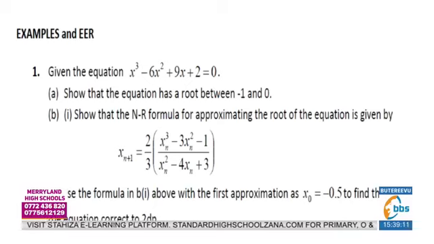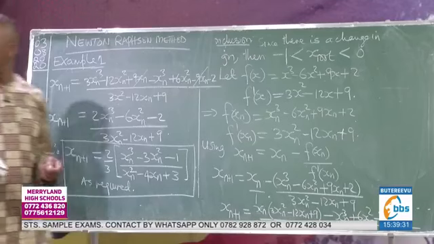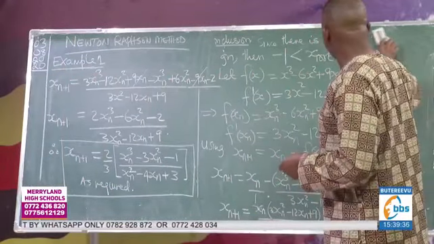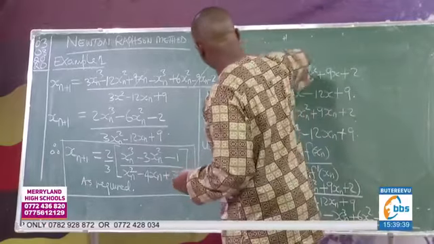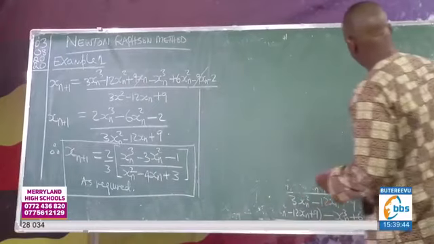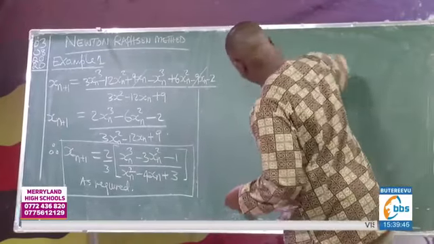Now that 2 decimal places communicates about the TOL, what we call the tolerance or the error. If they want it to 2 decimal places, then the error will be 3 decimal places. I will request that you allow me to clear this space so that we can look at the last part of this number.